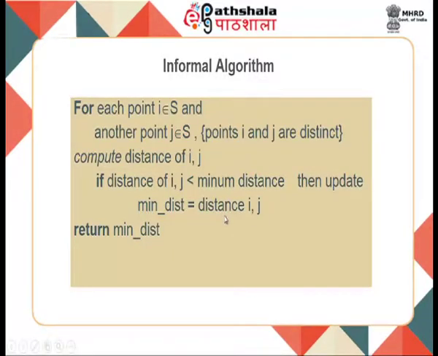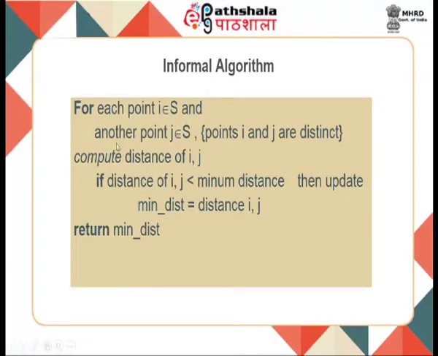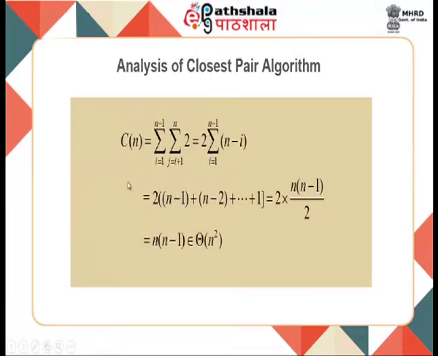Whenever the distance is less than the minimum distance, the minimum distance is updated, and finally once all the points are reviewed, we get the minimum distance between 2 points i and j. This is the informal algorithm that we discussed.